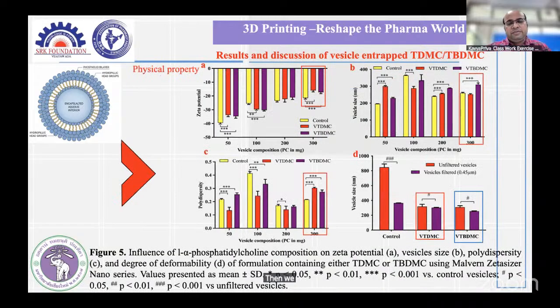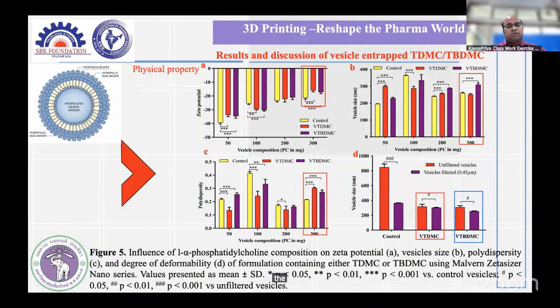Then we tested the physical properties and we found that the composition we have optimized had a bit lower zeta potential than the lower composition of phosphatidylcholine, while the size as well as PDI also differed when it comes to the composition of phosphatidylcholine.